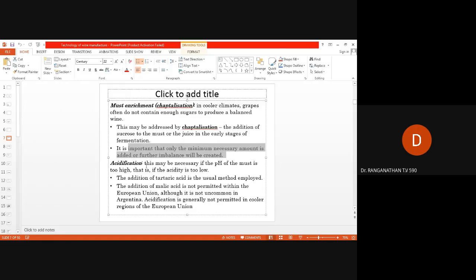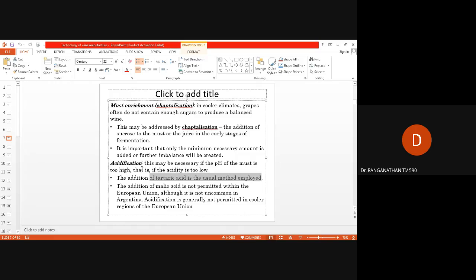So, when I bring down the pH by acidification, what I'm basically doing is selectively allowing only the yeast to grow, leaving behind the other unwanted or interfering microorganisms. So, addition of tartaric acid is the usual method employed.